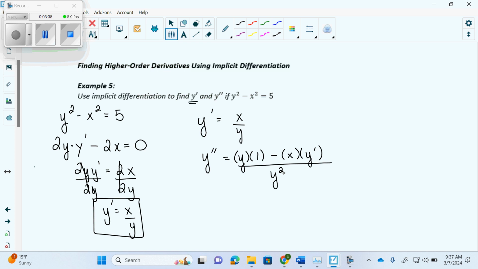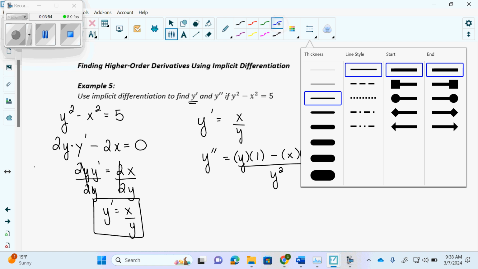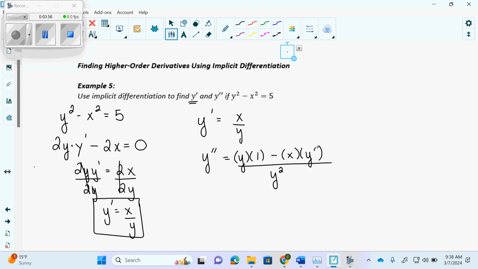Is that what I want? No. It can't have a y prime in it. But if you look at the previous step, the previous one said y prime equals what? X over y. So can I not just, for the second derivative implicit, and it's only for implicit do I have to do this, take that y prime and replace it with x over y, because I know that y prime is x over y. Do we agree?